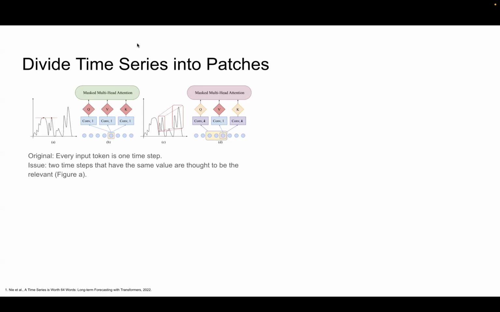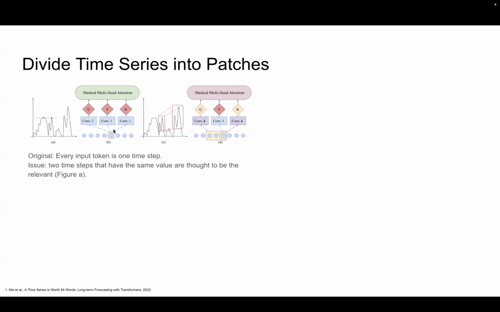And another modification that you can do to improve the forecasting performance is how we can tokenize the time series. So if you already had a chance to look at the implementations I did for the transformer model, you might notice that right now each token is coming from a single time step.